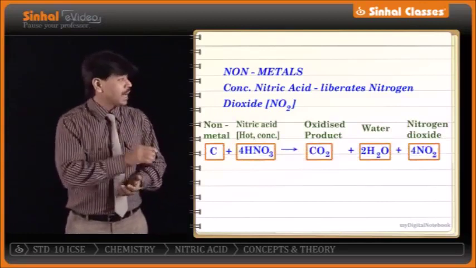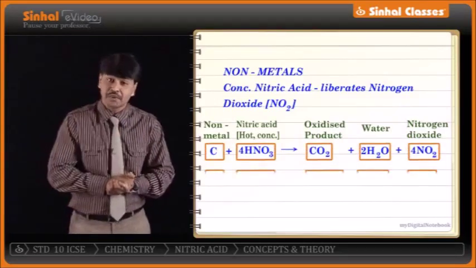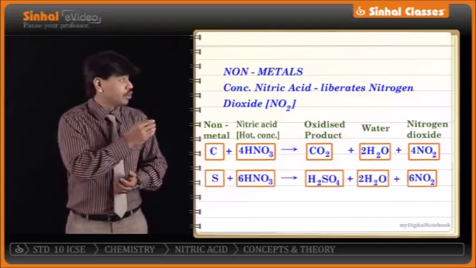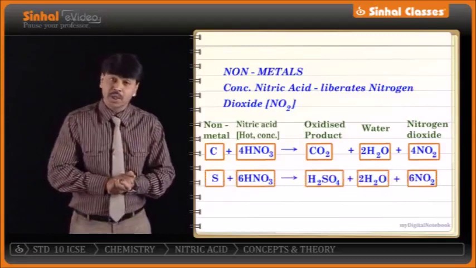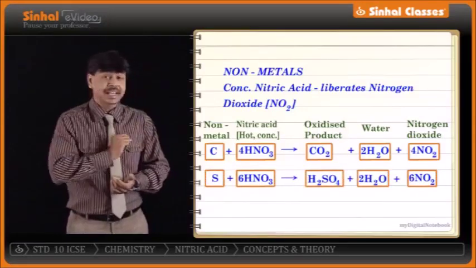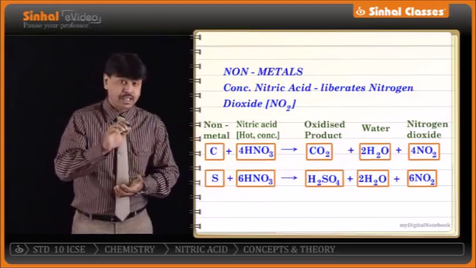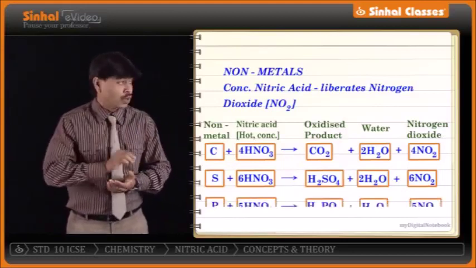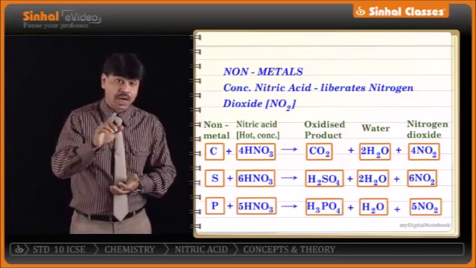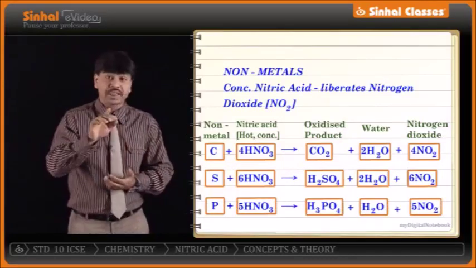In a similar manner, it can react with other non-metals like sulfur and phosphorus. Treated with nitric acid, sulfur gives you sulfuric acid, water, and nitrogen dioxide, whereas phosphorus gives you phosphoric acid, that is H3PO4, along with water and NO2 gas.